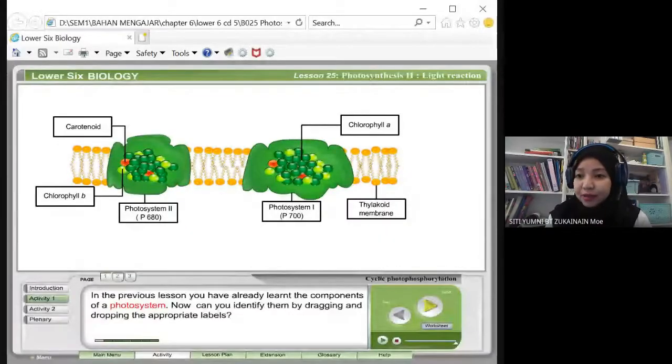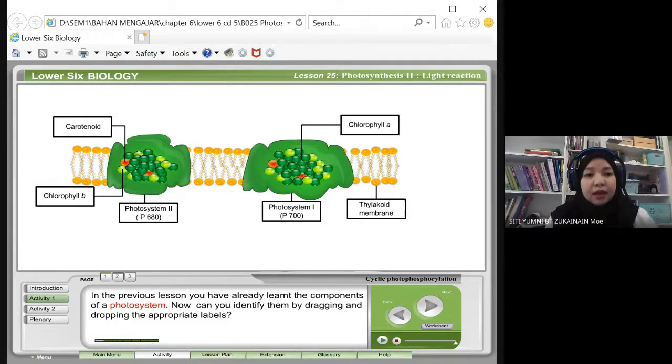Photosynthesis, as you know, occurs in two stages: light dependent reactions, which take place on the thylakoid membranes, and light independent reactions, which take place in the stroma of the chloroplast. Today's topic is light dependent reactions. Light dependent reactions consist of non-cyclic photophosphorylation and cyclic photophosphorylation.